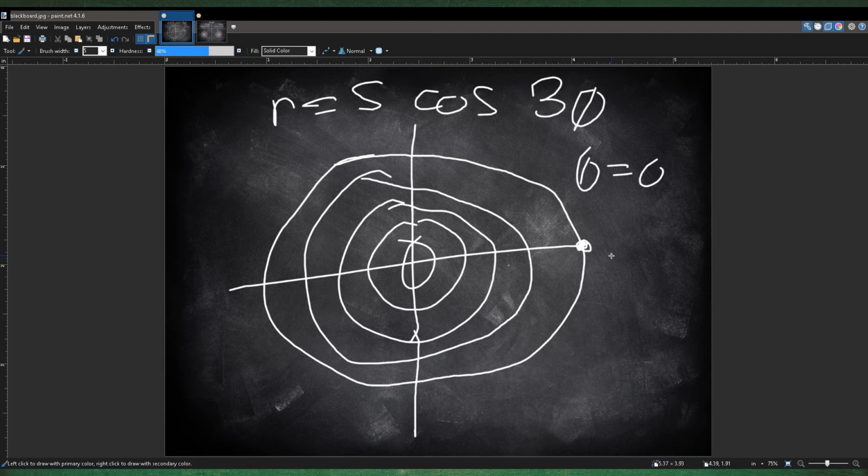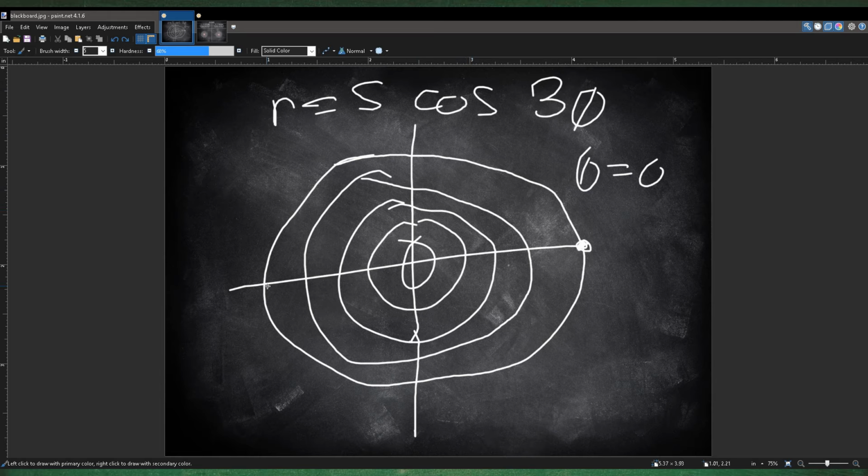The lowest point is when it's cosine of 180, because cosine of 180 is -1. For it to get to 180, I have to say 3 theta equals 180, so theta has to be 60 degrees. Then 3 times 60 degrees is 180, and cosine of 180 is -1. So that gets to -5.